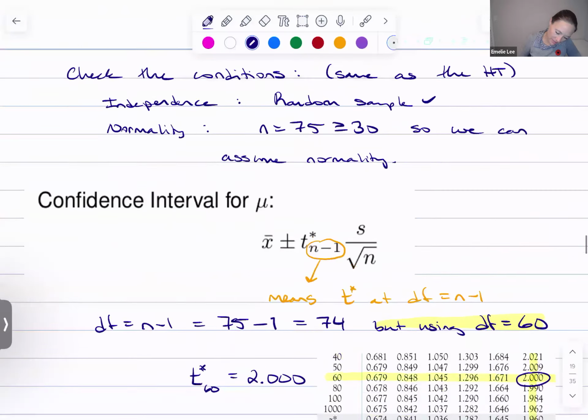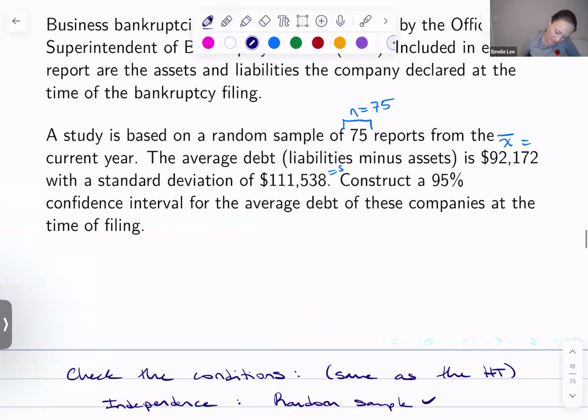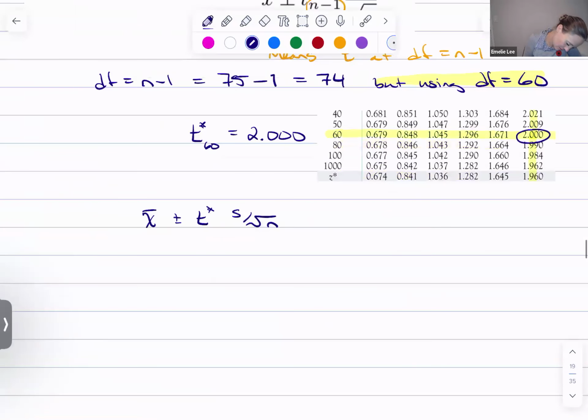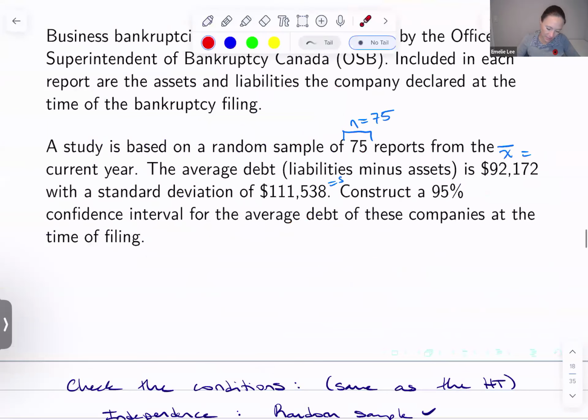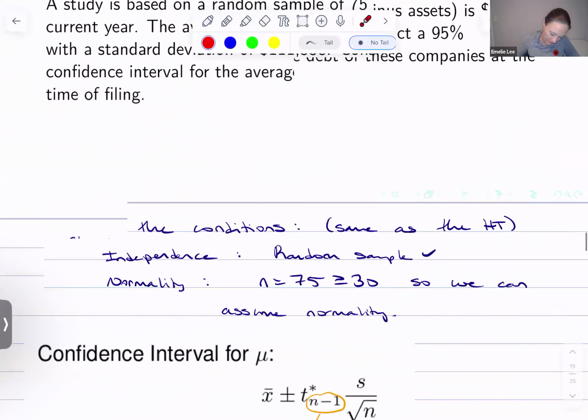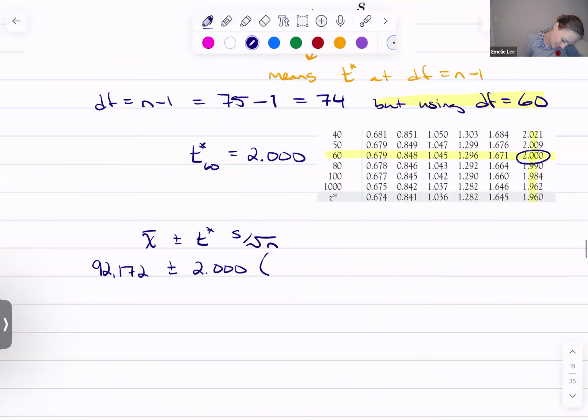X bar was 92,172, plus minus 2.000 times s, which was 111,538. Let's see if I can remember that. Divided by the root of n, which is 75.